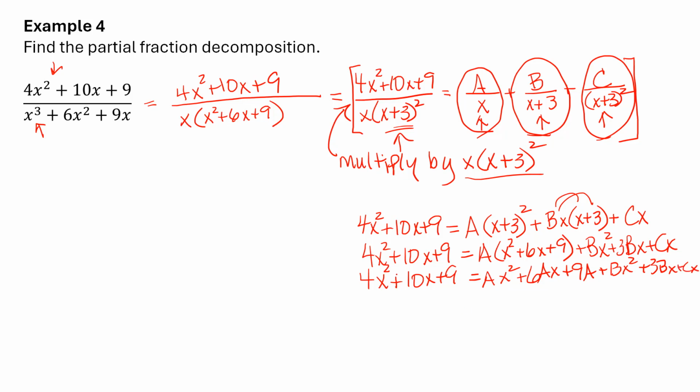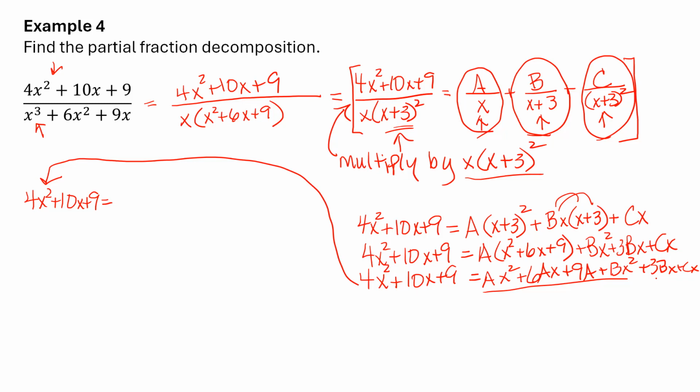Okay, now I'm going to go way over here and use up all this space. So I'm going to rewrite this left side, 4x squared plus 10x plus 9. And then on the right side, from this stuff over here, I'm going to put the x squared terms together, the x terms together, and the constants together.